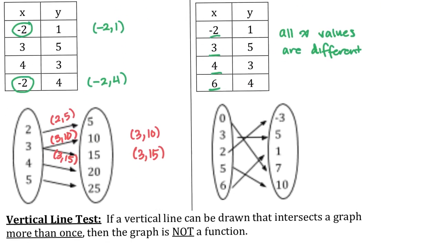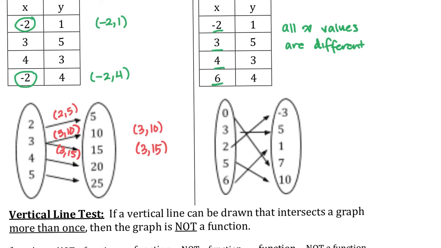Okay, and then the third one is represented as a mapping. If you can read the mapping well, you can just tell from looking at it whether it is a function. I'm going to list the ordered pairs it represents because we have not used mappings very often. So at 0, this is mapping to 7, so 0, 7. 3 maps to 5. 2 maps to -3. 5 maps to 10.